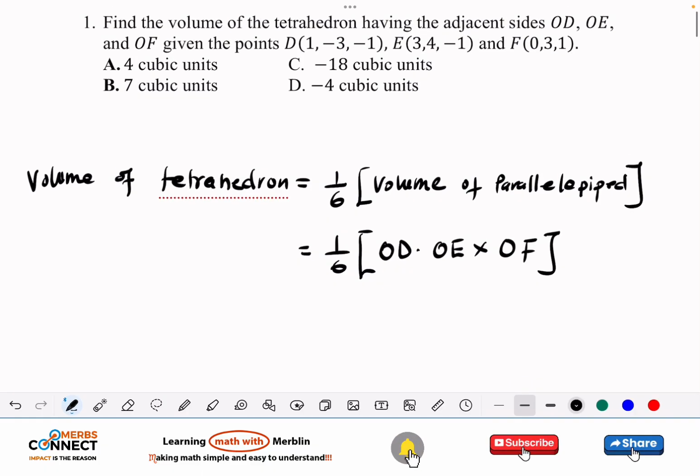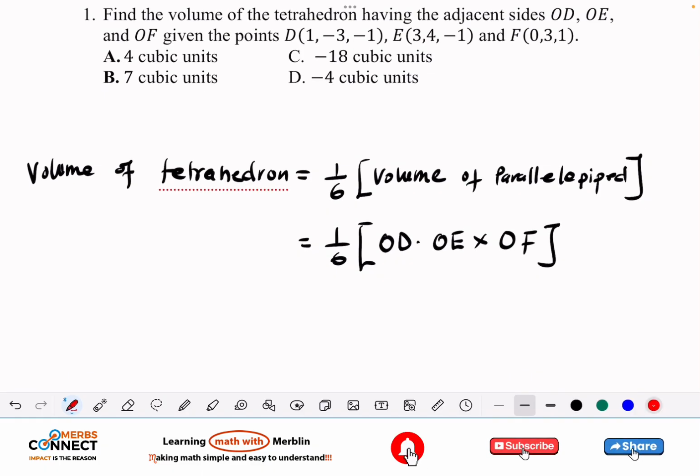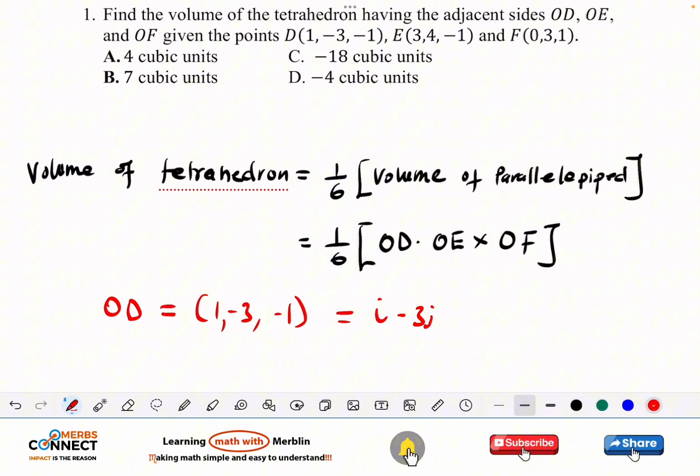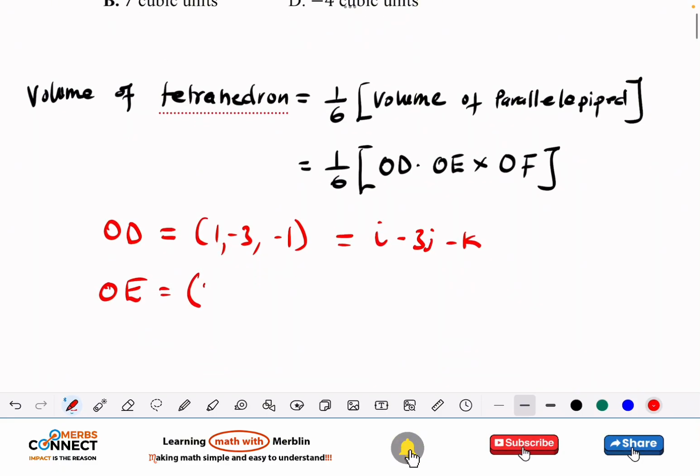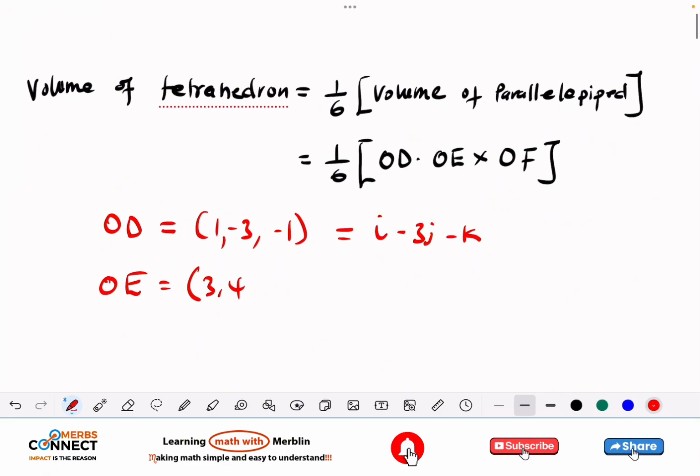Now from the question, OD is equal to 1, minus 3, minus 1, which is the same as I minus 3J minus K. And then OE is giving us 3, 4, minus 1, which is the same as 3I plus 4J minus K.